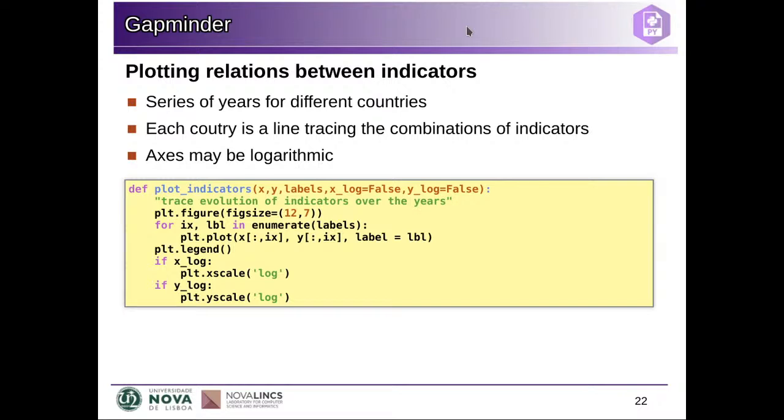We're going to start with a simpler example where we're going to create a generic function to represent two series of values. One will be used for the x axis and another for the y axis, with some labels for the axis, the legend, and so forth, and by also being able to specify which axis, if any, we want in a logarithm scale.